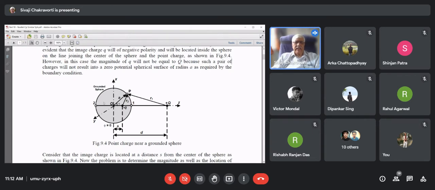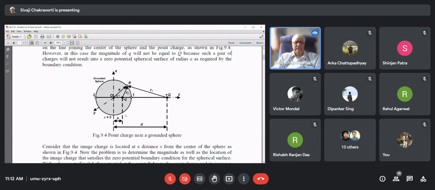As a solution to that, what we are saying is, let's say this minus q, small q, as you can see, is at a certain eccentricity from the center, and this distance is s, as you can see on the figure.